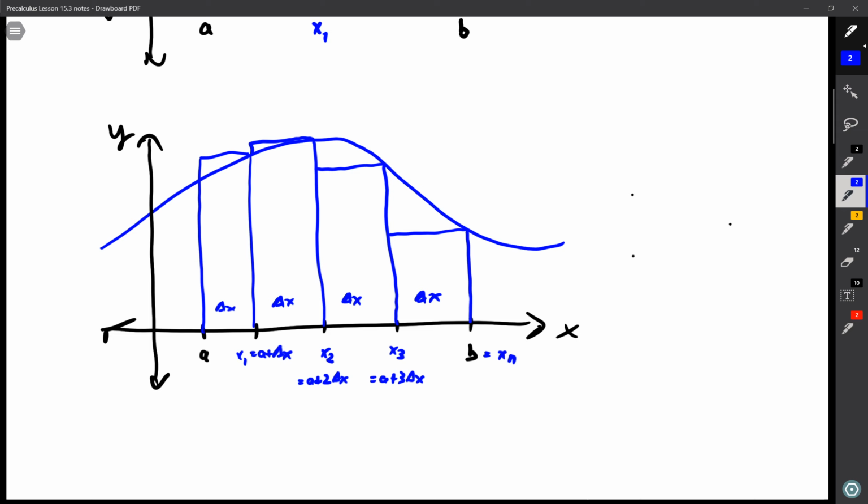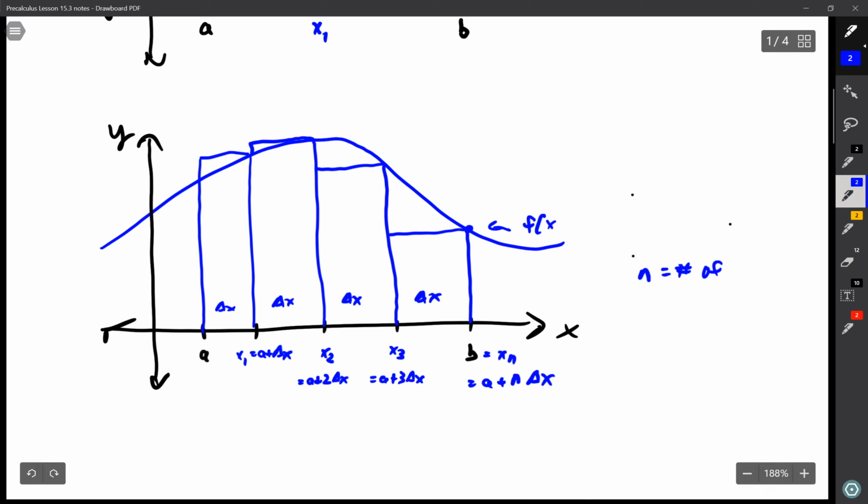And then likewise, the height here, we could say is f of x sub, actually I don't want to go with an n there because we're split. Here's what we have. N equals number of rectangles. Which yes is true. This is going to be an x sub n, but I'm going to use instead an I. There's a reason why it gets later. But we're still adding n delta x's.